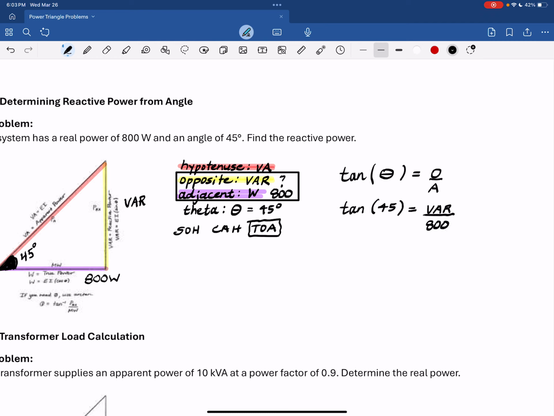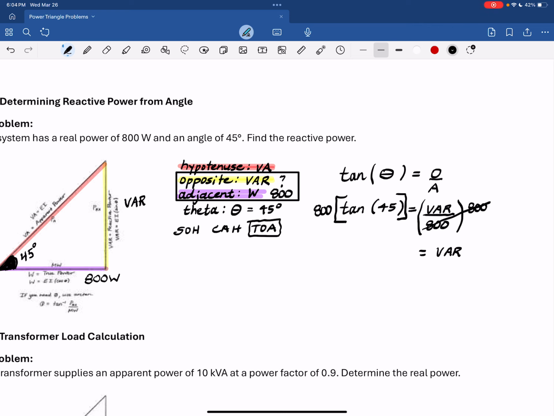So I'm going to go ahead and use the number. So to move the 800, I'm going to have to multiply it here. And if I do it to one side, I must do exactly the same thing to the other side. So the 800s will cancel, leaving me VAR.